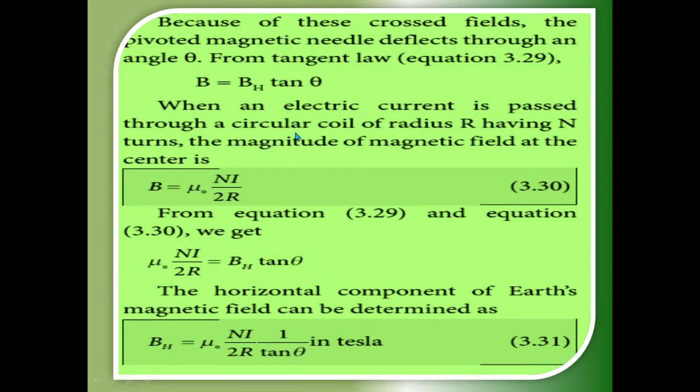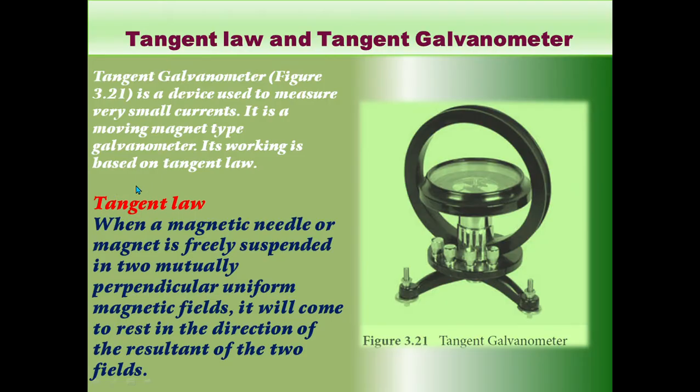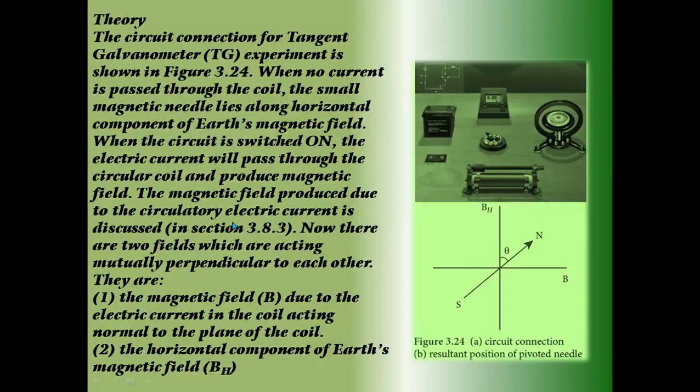Because of these crossed fields, the pivoted magnetic needle is deflected through an angle theta. From the tangent law, we already know the equation, B is equal to BH tan theta.